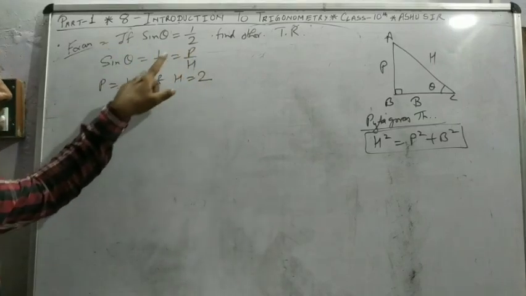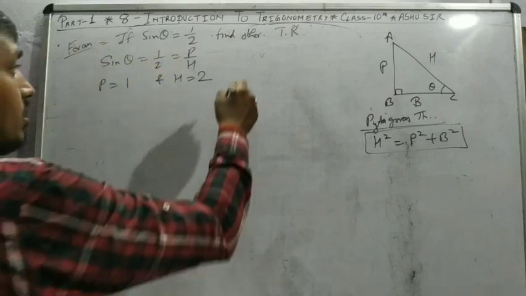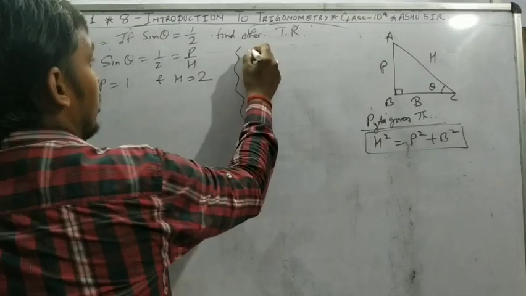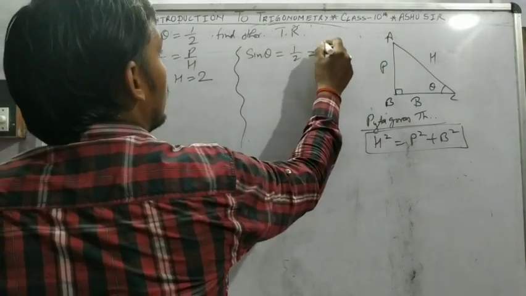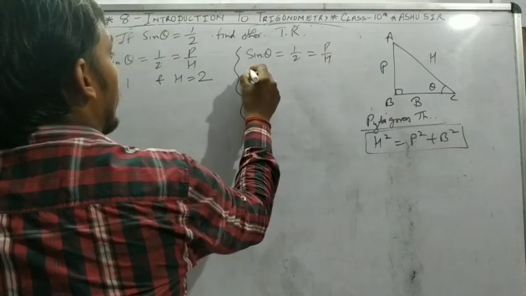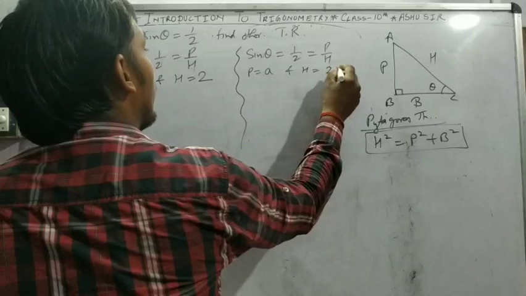Only here you can take P equal to 1 and H equal to 2, but remember you say 1 upon 2 is P upon H. So you can take P equal to 1A and H equal to 2A.